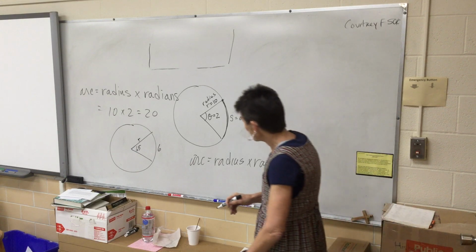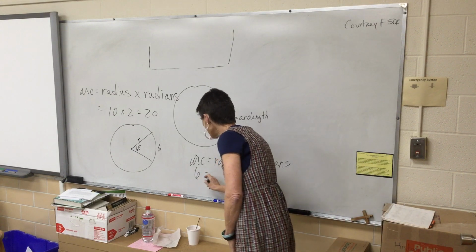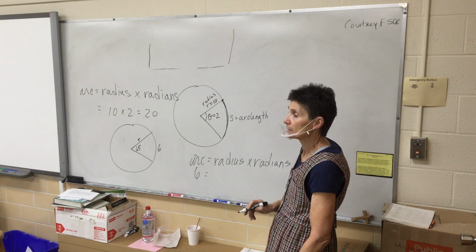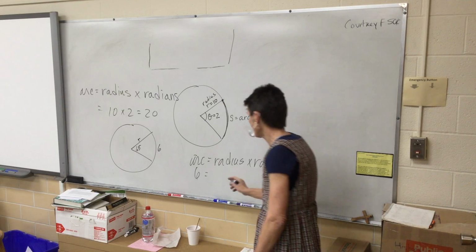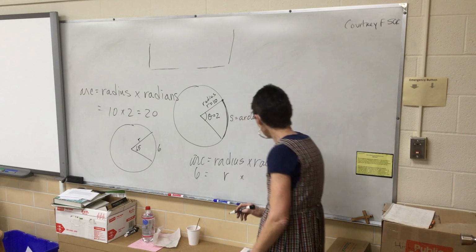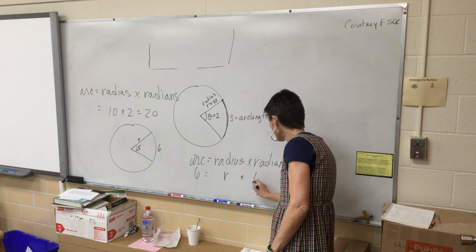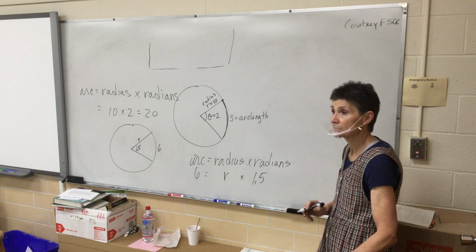So let's fill in what we know. We know our arc is 6, and we know our radius is r. I don't know what it is, so I'll call it r. And I know my radians are 1.5.